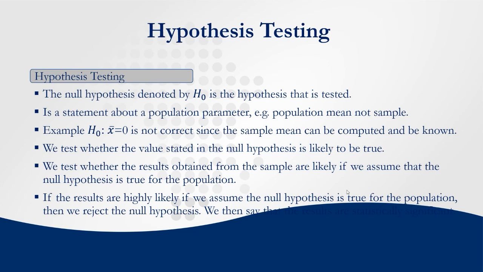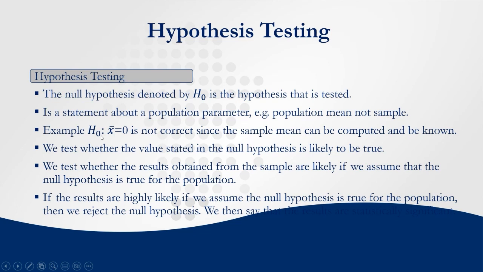So here, this null hypothesis would be incorrect because it's talking about a sample. It's talking about a statistic, a value that is computed from the sample. X bar is the sample mean, which is computed from the sample.